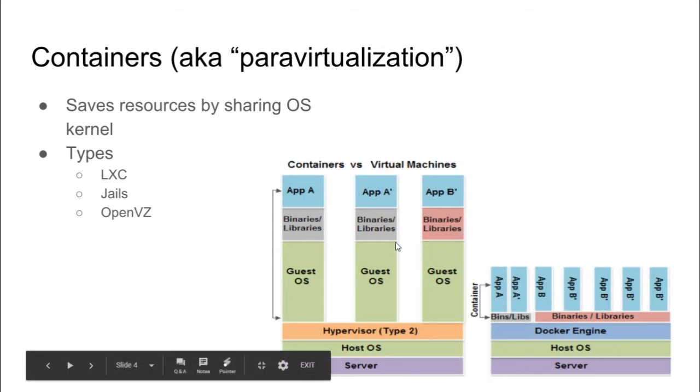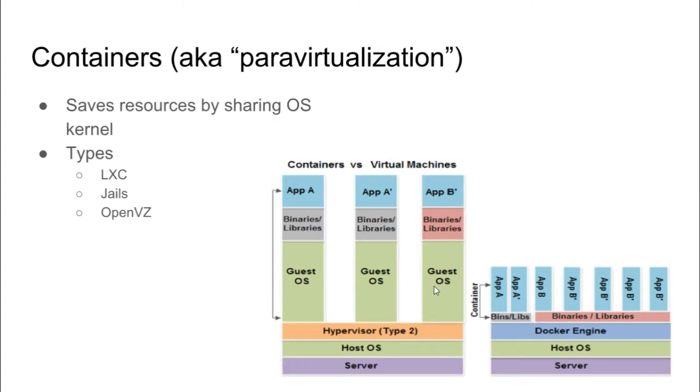If you look here on the left where I'm pointing, this is the traditional hypervisor virtual machine example. You've got a hypervisor, which is the program that runs the virtual machines, and inside of it are the guest OSs. Each has its own kernel running and taking up disk space.